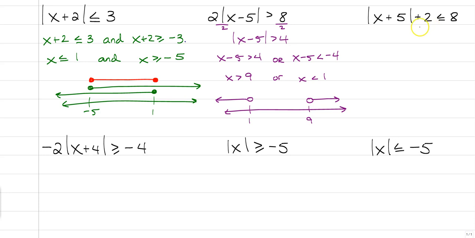Okay, so for this one, you should have subtracted 2 from both sides first. That would give you the absolute value of x plus 5 is less than or equal to 6. Now what you would do is split it. You have x plus 5 is less than or equal to 6, and x plus 5 is greater than or equal to a negative 6. Solve both.